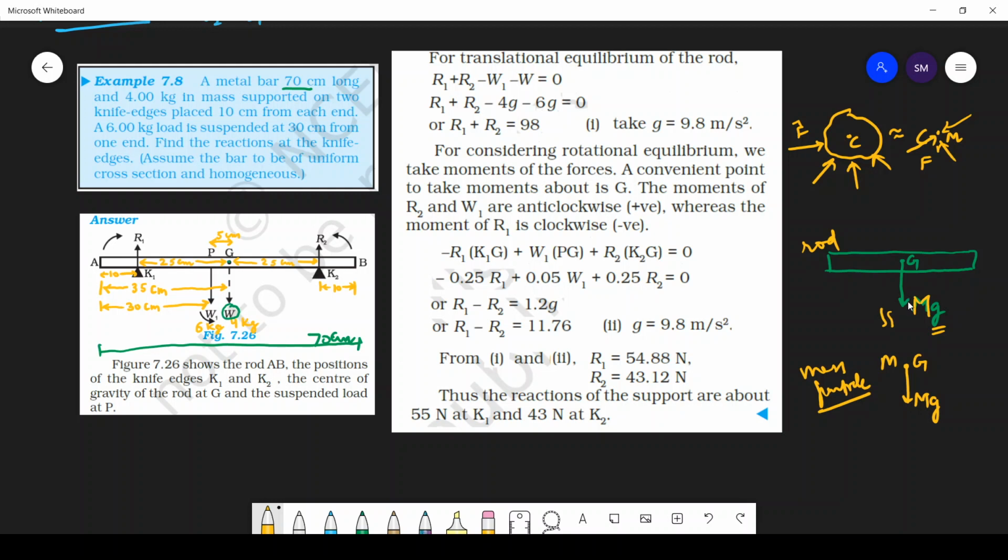So for center of gravity, we deal with only gravitational force. We assume that the whole mass of the body is concentrated at center of gravity and it is being pulled down.